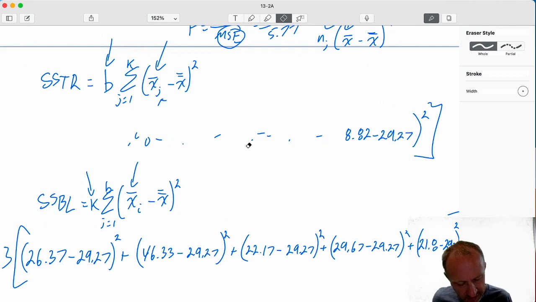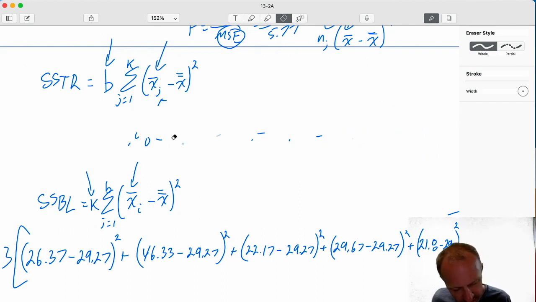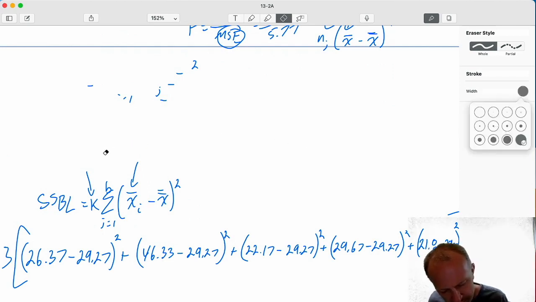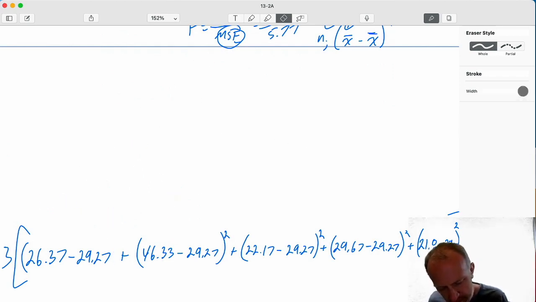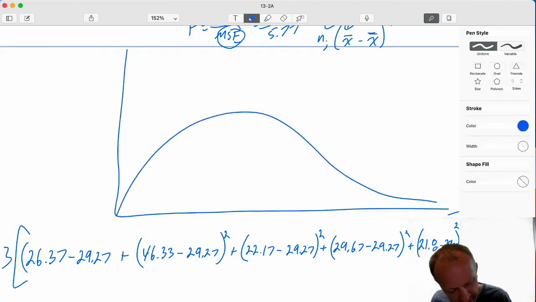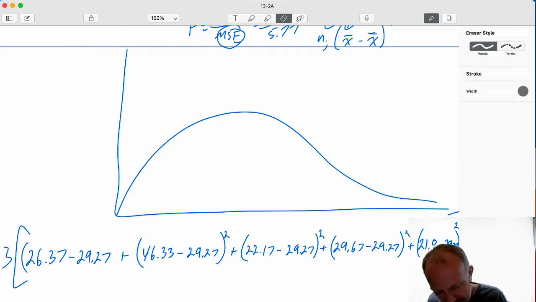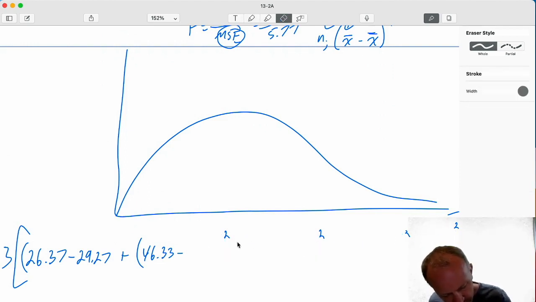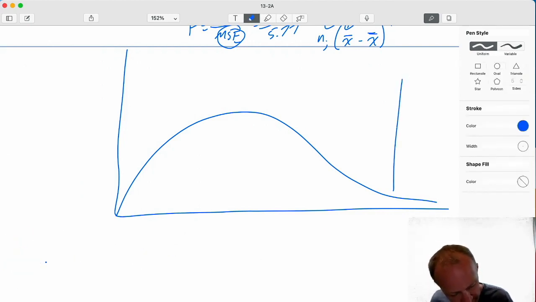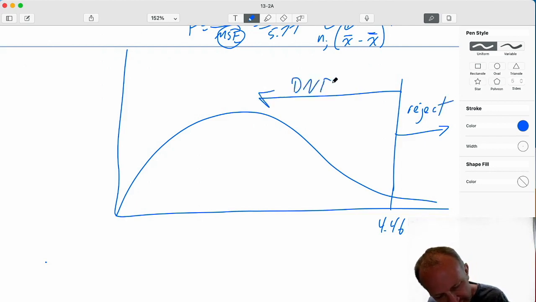Let's clean away some of this mess so we can draw some pictures. So here we have our distribution, some asymmetric F distribution. Way up in that upper tail, we have our critical value here, 4.46. As always, that defines our reject and our do not reject.